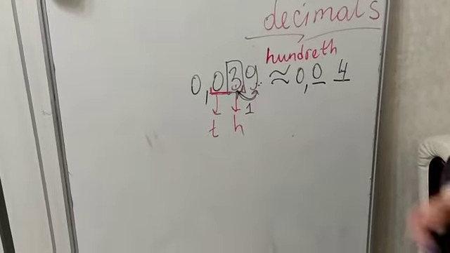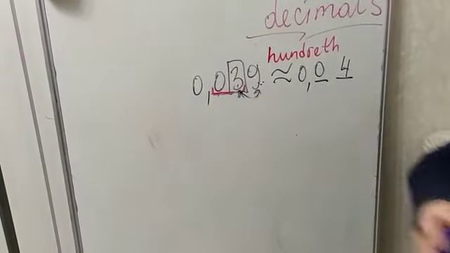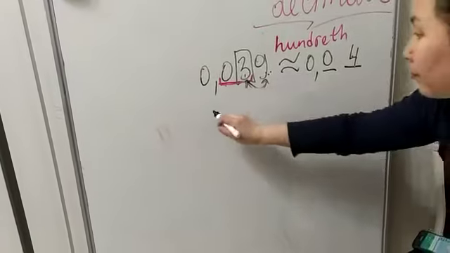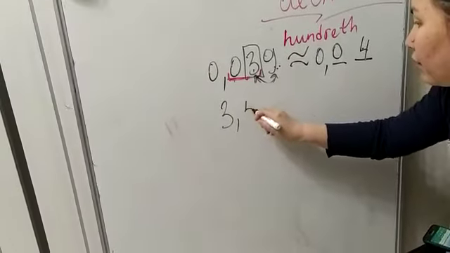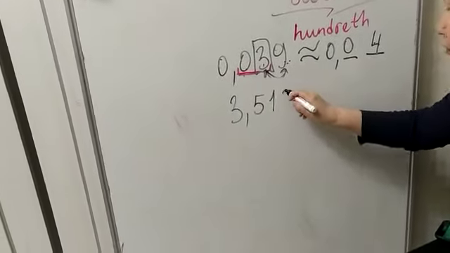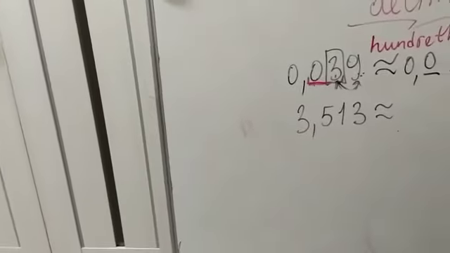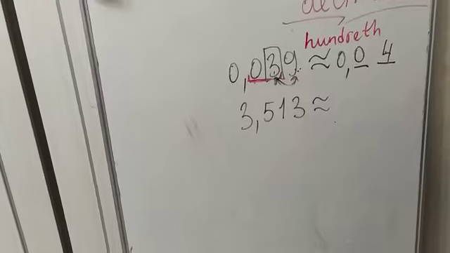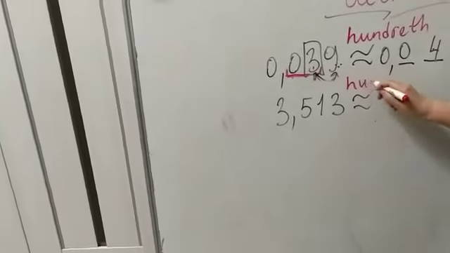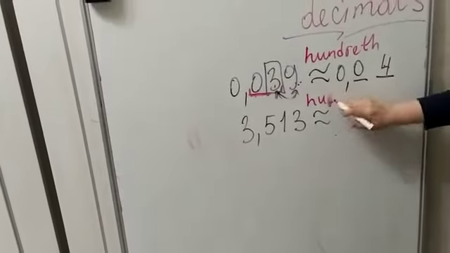Next number, for example, 3.513. Let's round to the hundredths again to make the subject clearly understandable.